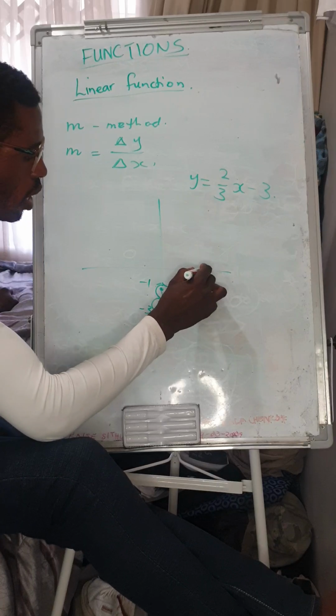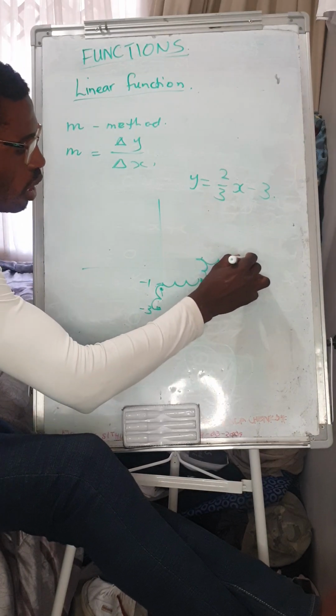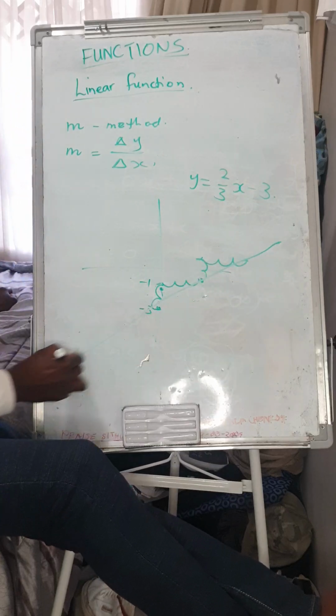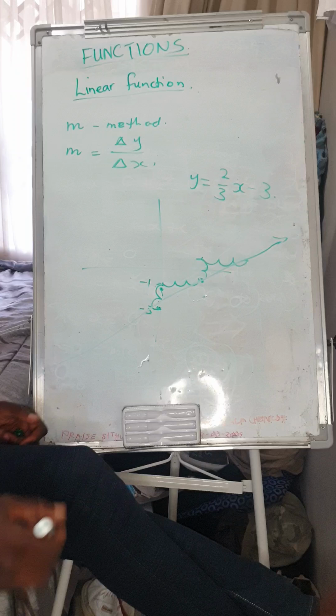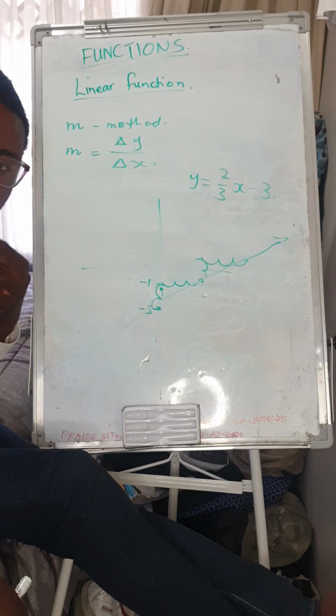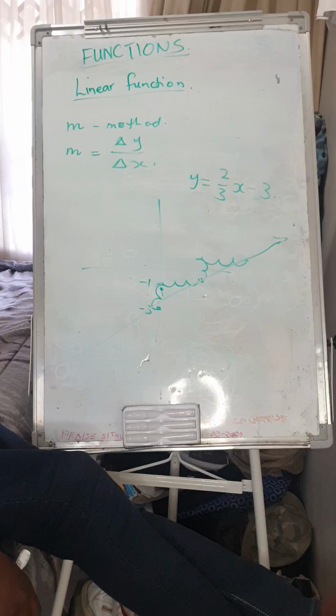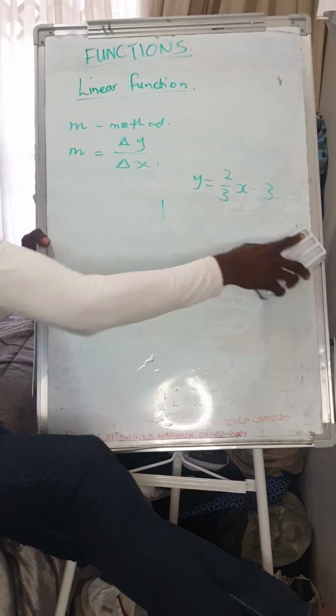And then I go again 1, 2, and then 1, 2, 3. I'm there. So now I join together. That is what we actually call the gradient method. This one they don't normally ask in grade 10, but this is the one. This is for grade 9. Right. It doesn't matter that much, this one.